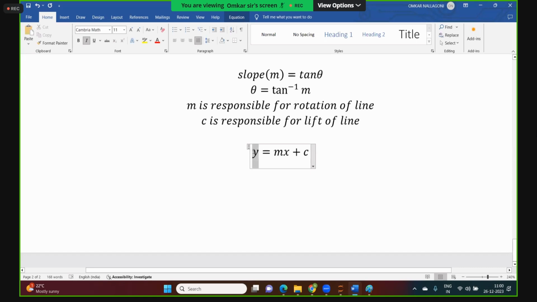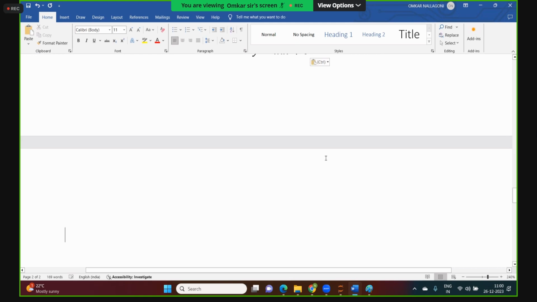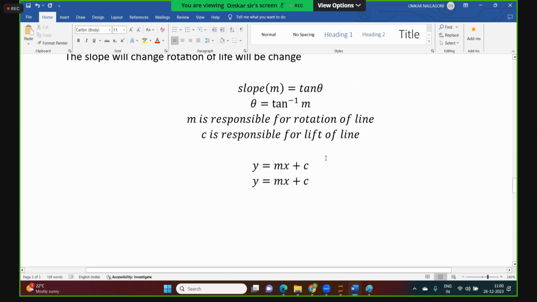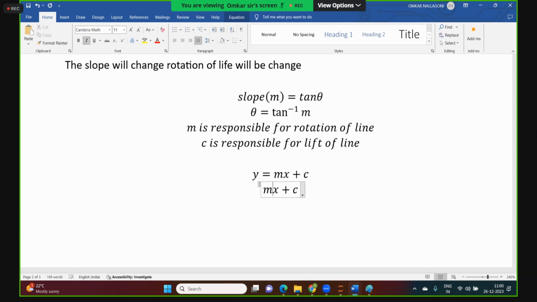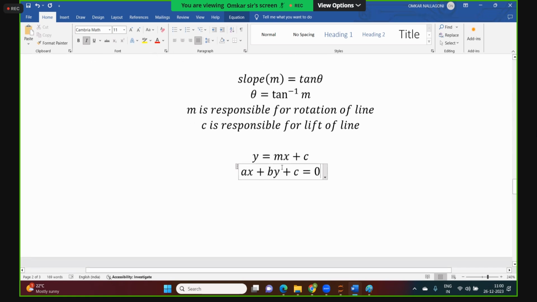Now, if you rearrange this, the same equation, you can write it like this also: ax plus by plus c equal to 0. y is equal to minus a by b times x plus c, same thing, no? y is equal to mx plus c, and both are line equations only. Agree with me?